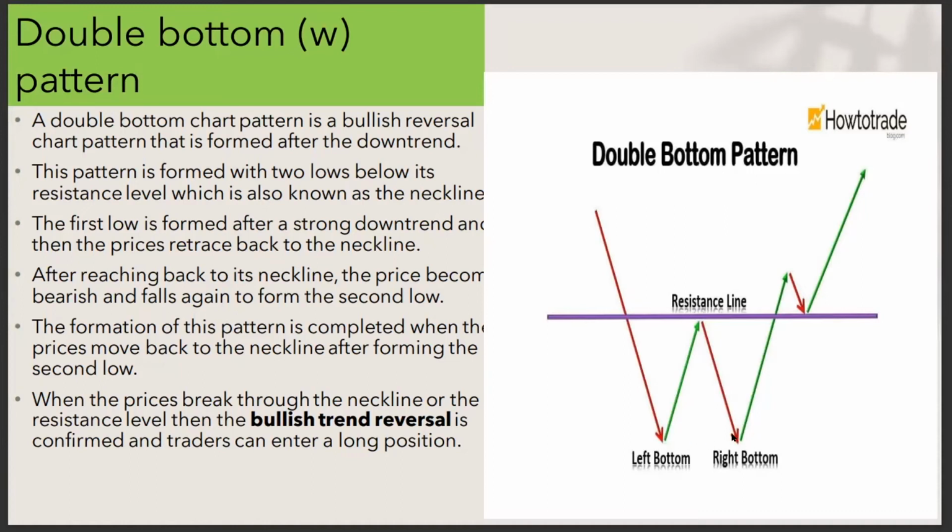Two times they forced it but couldn't go lower, then the buyers take control and take it higher. Here you can see a retest is happening. You can use this area as the target, for example the range from the lower point to the resistance line, and this indicates a bullish trend reversal.